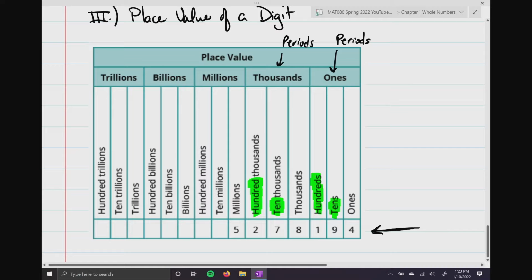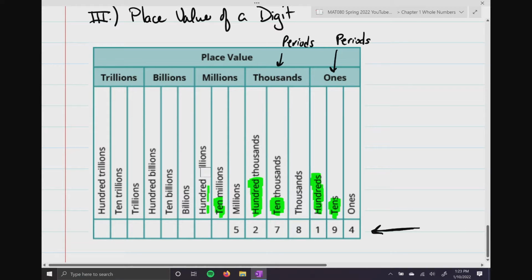It's just the ending, because we're in the thousands period, we say 10,000s, 100,000s. Then if we keep moving to the left, we have millions, and then 10 millions, 100 millions, and then the next period would be billions, 10 billions, 100 billions, and so forth.